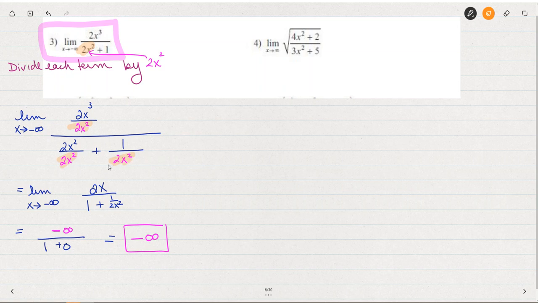When I do that, I get a 2x in the numerator. 2x squared over 2x squared is 1, and 1 over 2x squared is just 1 over 2x squared. It doesn't simplify, right? So we get 2x. The limit of 2x as x approaches negative infinity is negative infinity. And then in the denominator, we no longer get a problem because we get a 1. So we could call this the opposite of infinity. We could call this negative infinity.